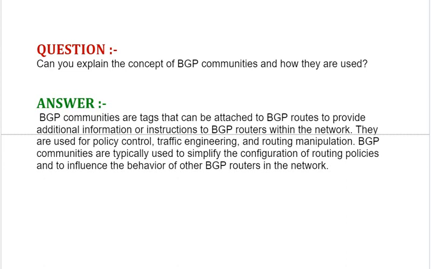They are used for policy control, traffic engineering, and routing manipulation. BGP communities are typically used to simplify the configuration of routing policies and to influence the behavior of other BGP routers in the network.